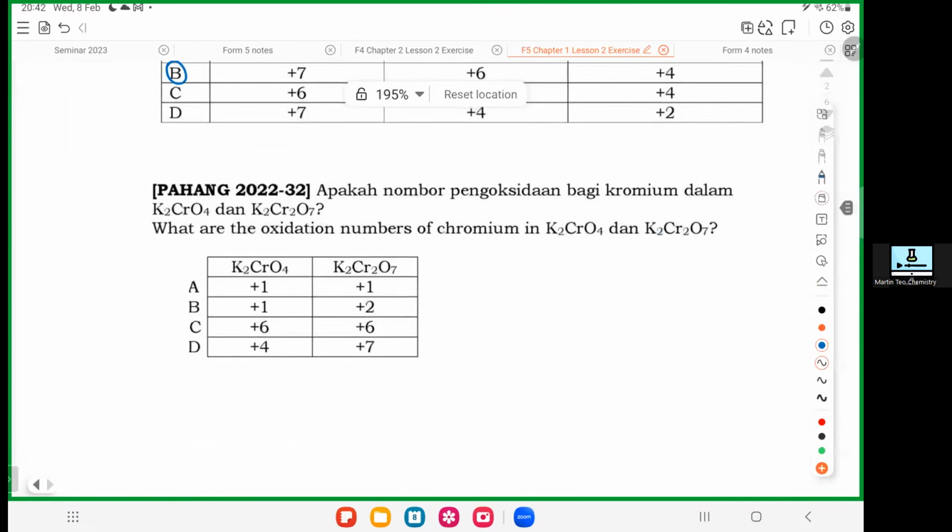Can I give you 1 minute? You try to do this question for me. Find the oxidation number for chromium, the Cr, and type the answer in the chat box. Can you try to do it for me?